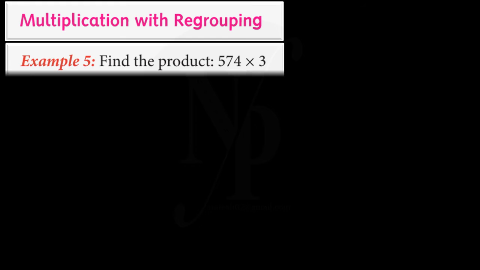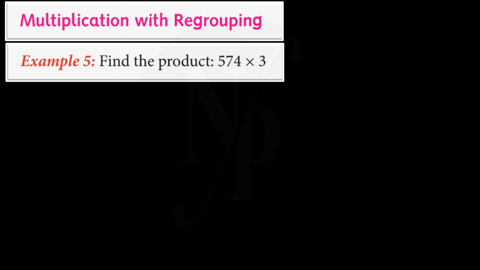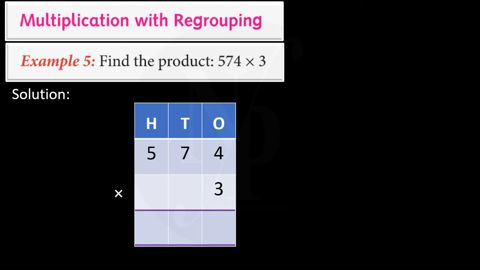Now let us take some examples for multiplication with regrouping. Example number 5. Find the product 574 into 3. Solution. Let us write down these numbers in place values table as shown here. 574 into 3.